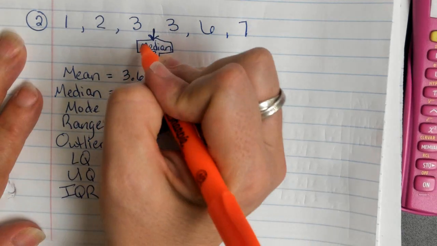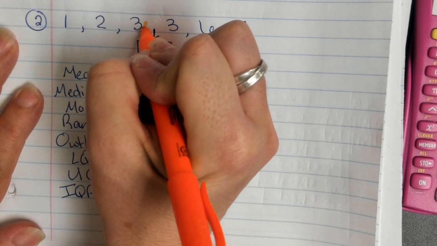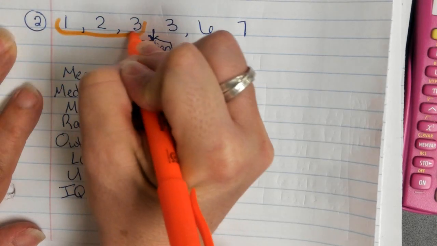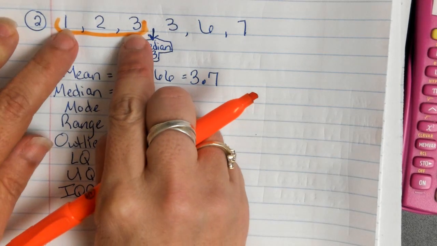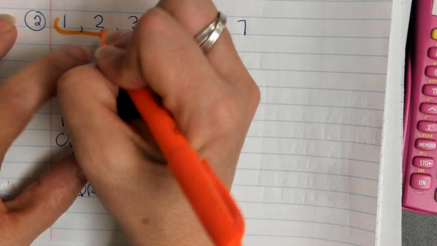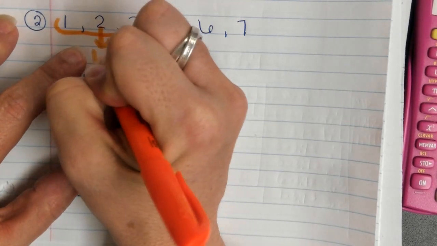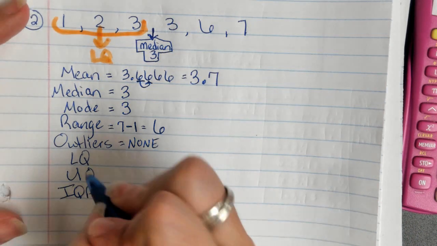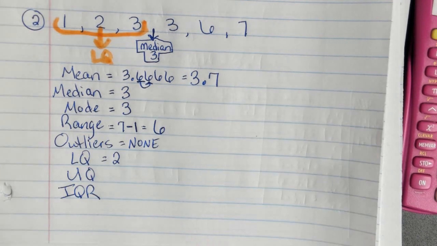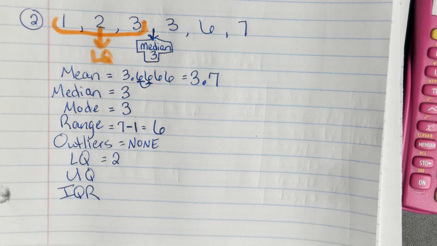Well, if my median is there, I have to include that 3 to make that LQ. So, going in, that 2 is now my LQ. It is my middle number of those 3 numbers. Okay? Because there's 3 numbers, there's an exact middle.